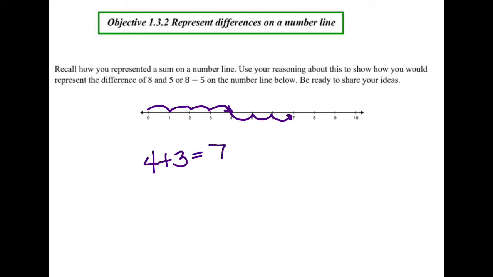Now let's do subtract. Hopefully you've thought of a way that you could represent it on a number line on your own, but here we go. There are a couple of ways of looking at this. If you want to do 8 minus 5, we want to start with 8 and then take 5 away.